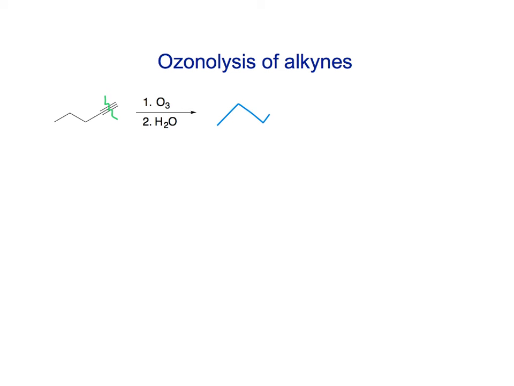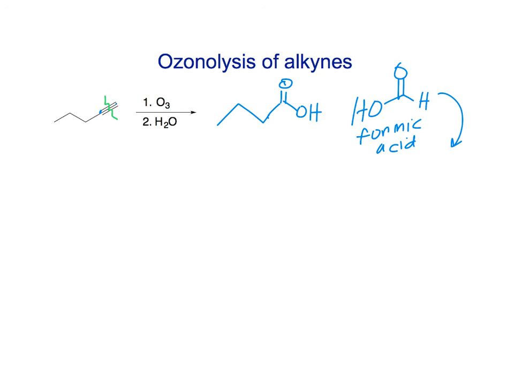So what we end up with is a carboxylic acid on one end, so on this end, and the other end just has an H on it. So I guess we could predict that it would go to here. This is formic acid. But in fact, that goes farther and gets oxidized all the way to carbon dioxide.